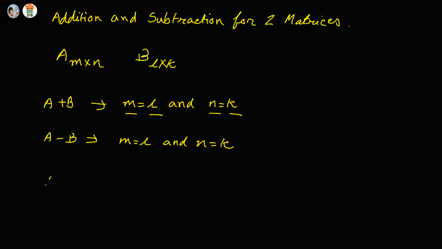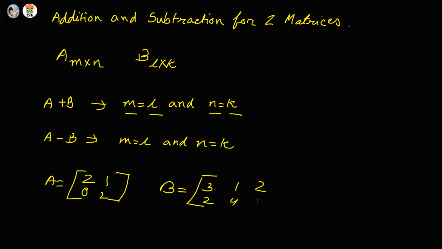For example, say A is a matrix 2 1 0 2 and B is a matrix, say for example 3 2 1 4. But if we have another column 2 3, then these are 2 by 2 matrices and these are 2 by 3 matrices.